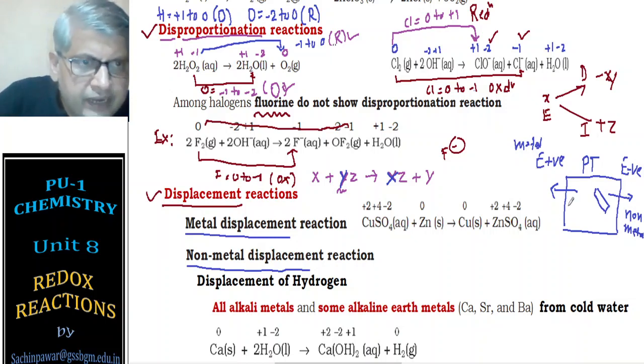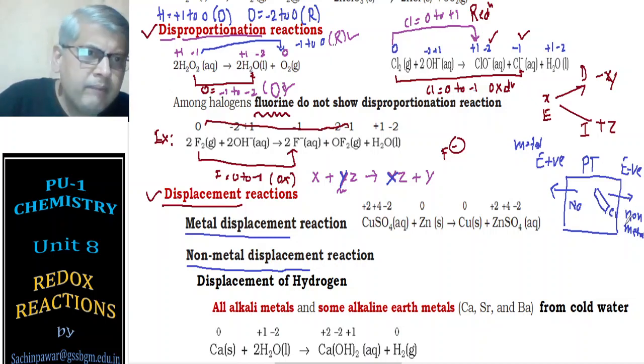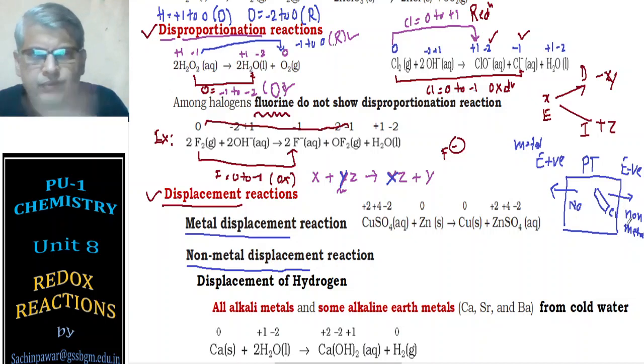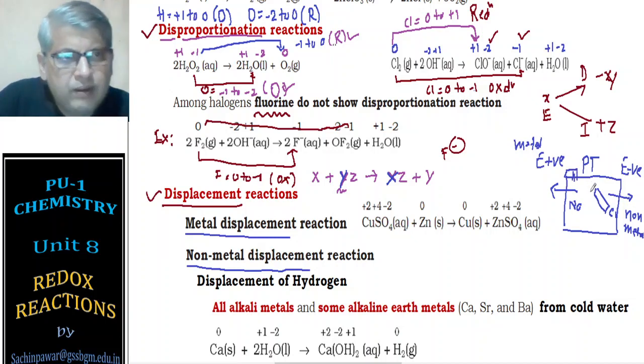Like for example, sodium is present here, sodium is a metal. If I take chlorine, chlorine is electronegative, it is a non-metal. Now here there is one controversy in the periodic table, that is the place of hydrogen.